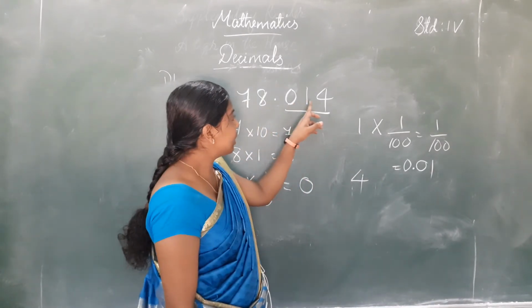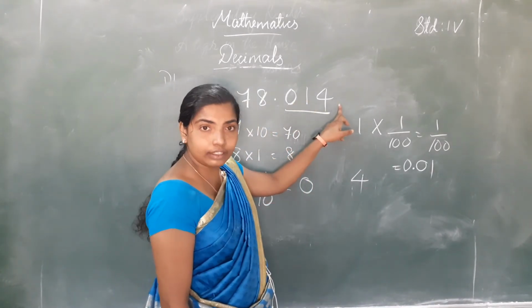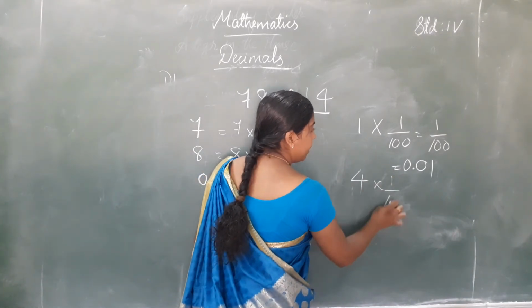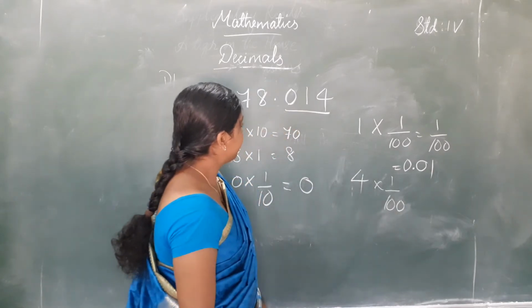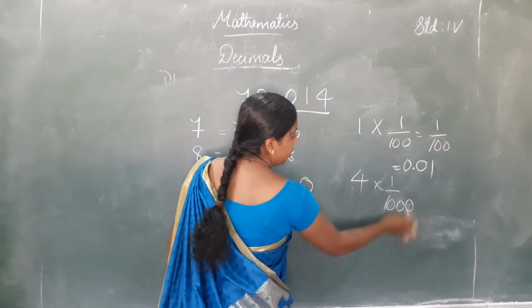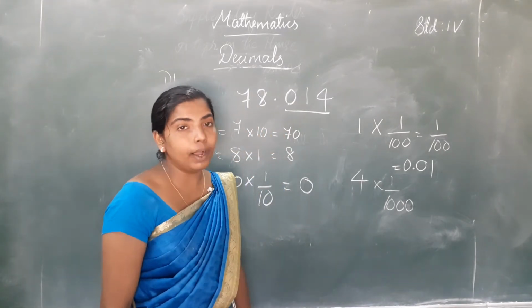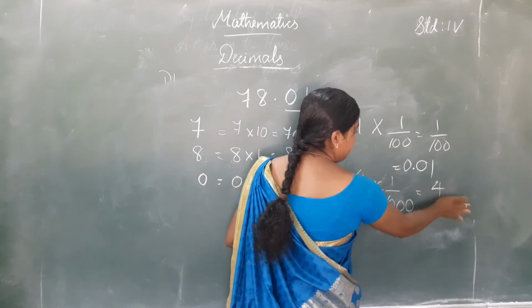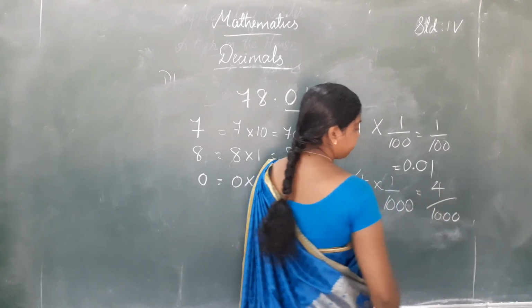Next 4. Place value of 4. It lies in the ones, tenths, hundredths, thousandths place. So 4 can be written as 4 into 1 by 1000. 4 into 1 is 4 itself. So 4 by 1000.